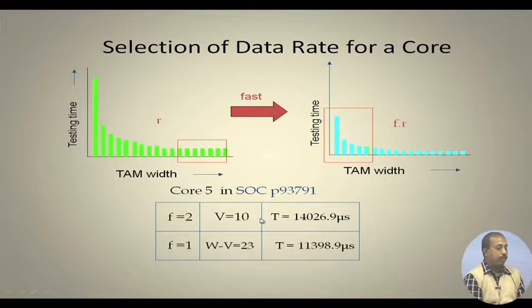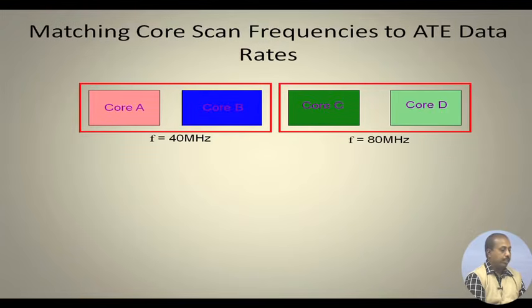So, you see the number of TAM lines required has reduced from 23 to 10. The remaining lines are available for doing something else, and this test time increase may not be very significant. From 11,000 it is increasing to 14,000, but in this remaining time we may be able to schedule some other core tests, so that the test time becomes better utilized and overall SOC test time reduces. So, we can do some selection like that.